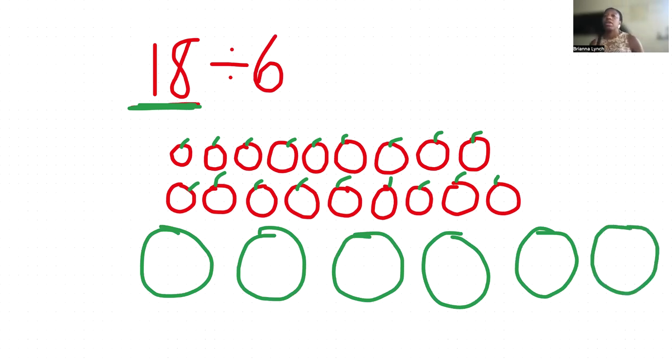Now we have to divide the apples up equally between all 6 people, because we can't give one friend more than the other, because then they'll be mad, like, oh, they got more than me. So we got to make it equal. Now, I have to share my apples. So that means, like I said, I'm going to have fewer apples. I'm not going to walk out with 18 apples or more than 18 apples, because 18 is how many I have total.